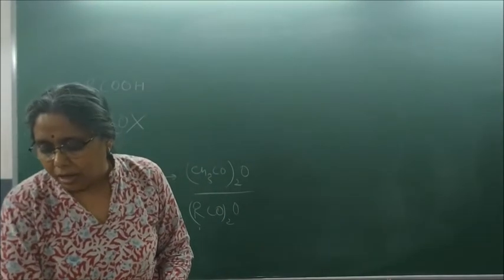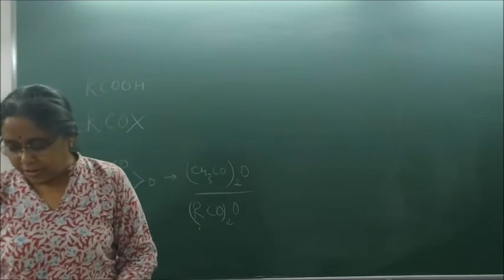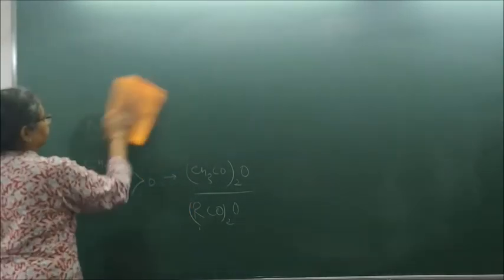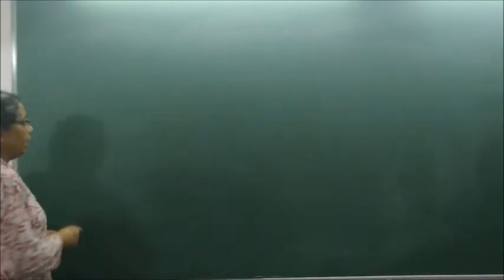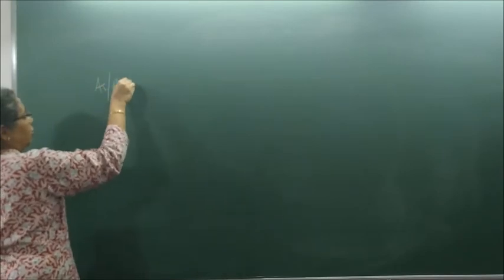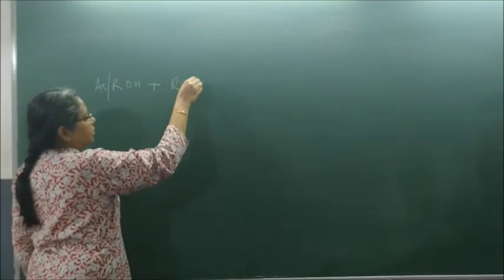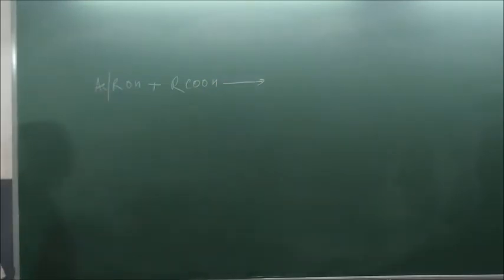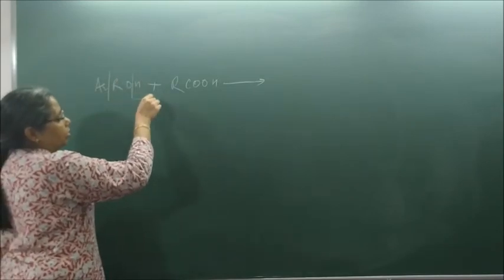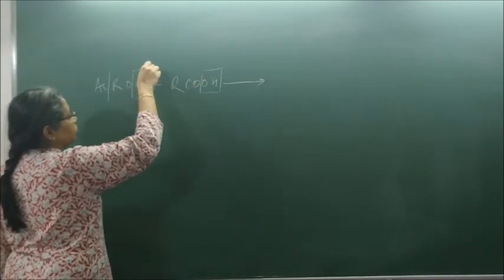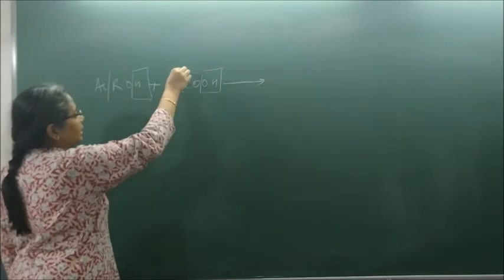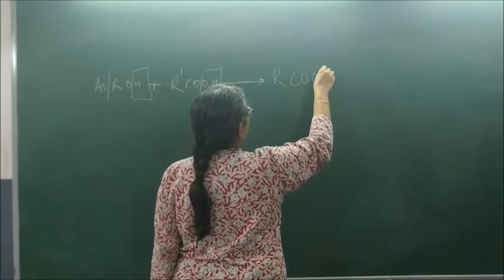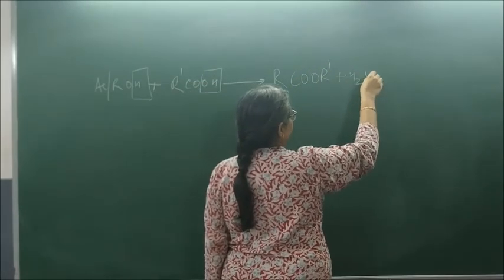ArOH plus RCOOH. We are breaking the OH bond. So from here H will go, and from here OH will go. If I write this as R dash, I will get RCOOR dash plus H2O.